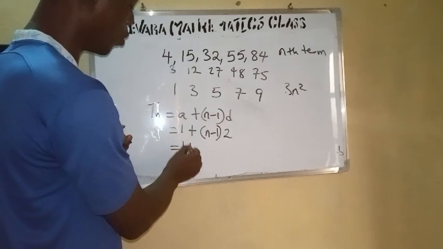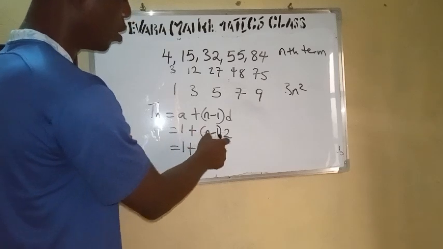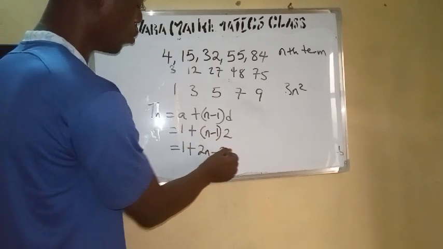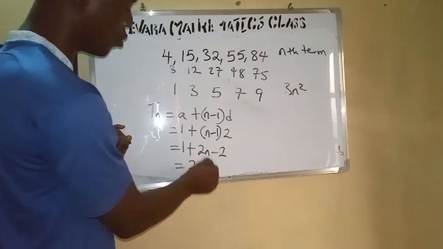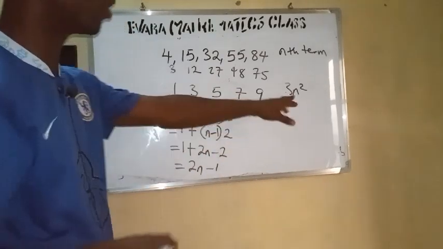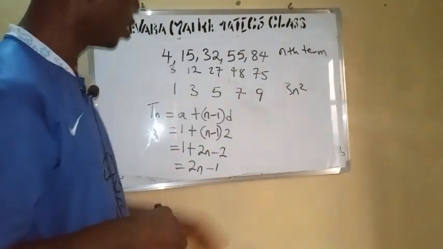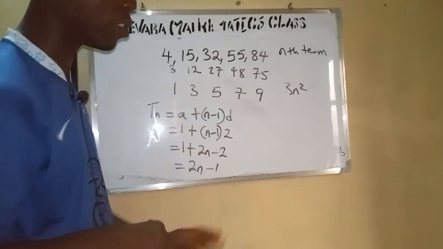That will be 1 plus 2 times (n minus 1). If you open this bracket, 2 times n is 2n, and 2 times minus 1 is minus 2. So we have 2n, and 1 minus 2 is minus 1. So we've gotten 3n squared initially, and now we've gotten 2n minus 1 for this arithmetic part of the sequence.